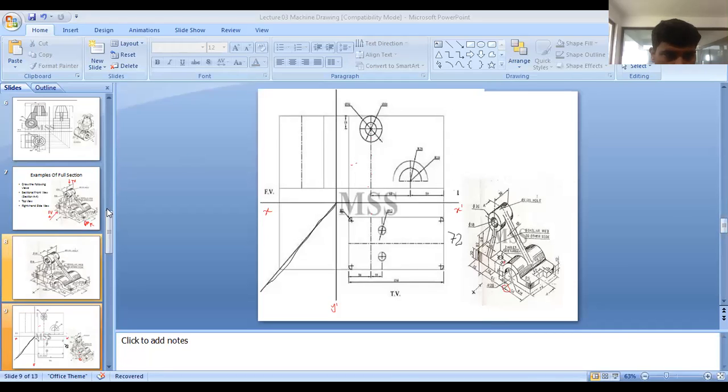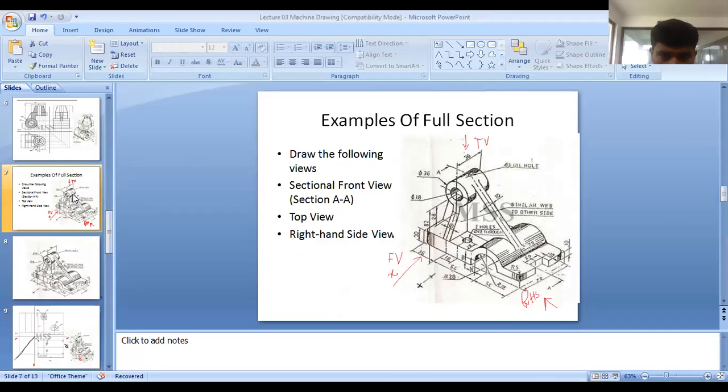In the last class, we discussed one problem on sectioning. Today we'll discuss one more problem.